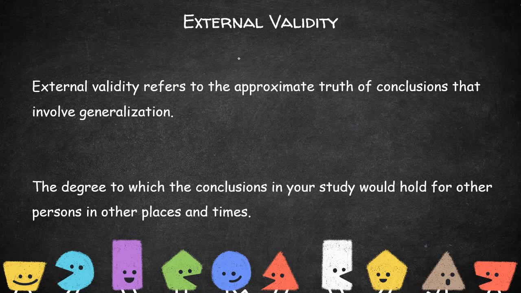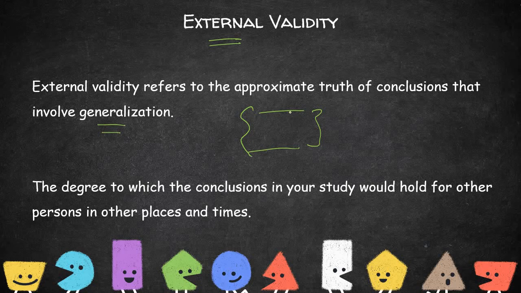Well, external validity has to do with our ability to generalize. So how well could we generalize back to the population from where we drew our sample? We barely conduct research on the entire population, for the simple reason that it is not practically possible to cover everyone in the population.